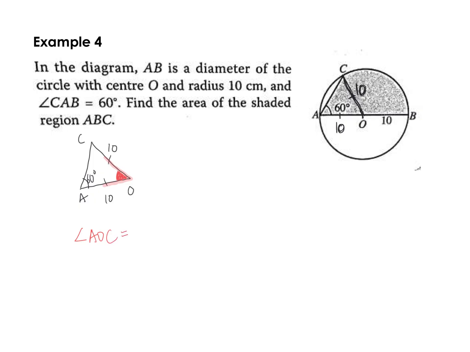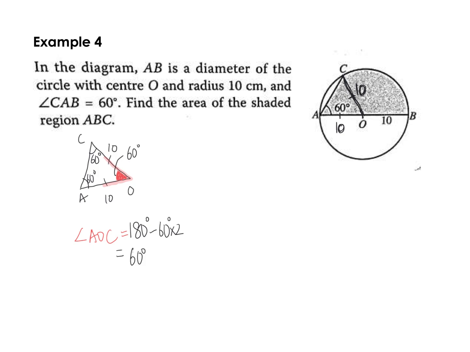No need, easier. This is 60 because isosceles. 180 minus 60, so minus 60 times 2, so it's also 60. That means it's an equilateral triangle. Okay, you're right.